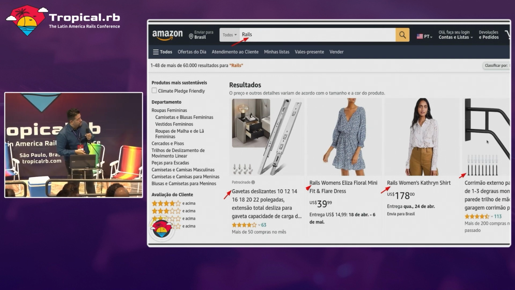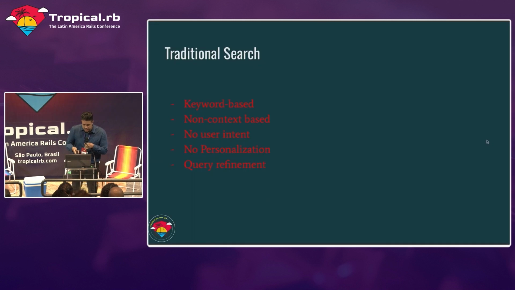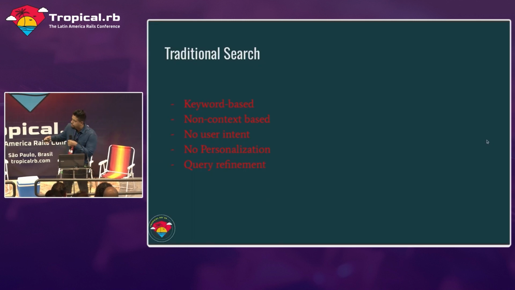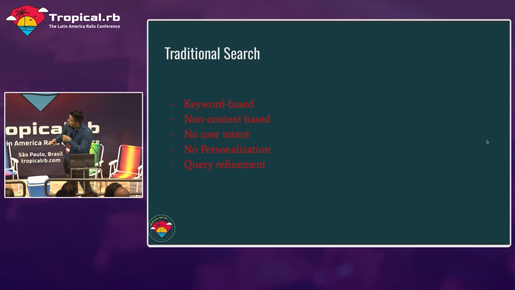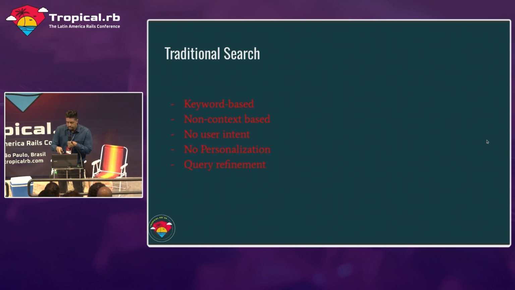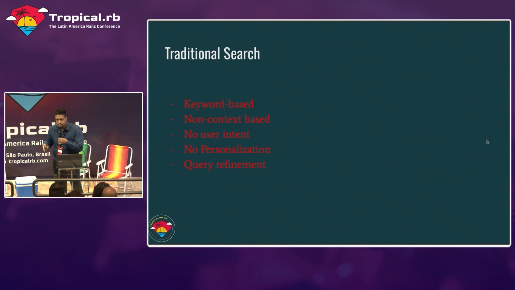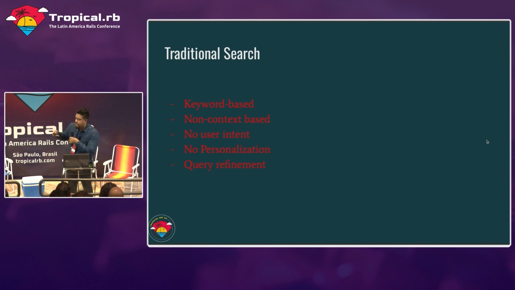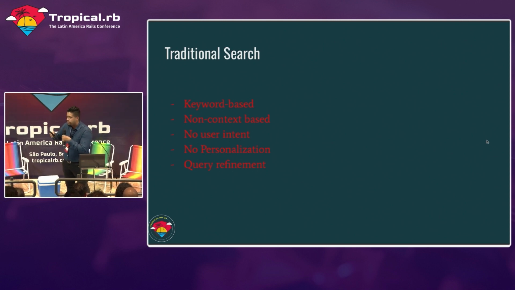So when we think about this traditional search, the one that we are using, we are usually refining this query and also checking for performance issues. Because everybody knows that when you search for something in the database, there are a lot of associations and relationships involved.